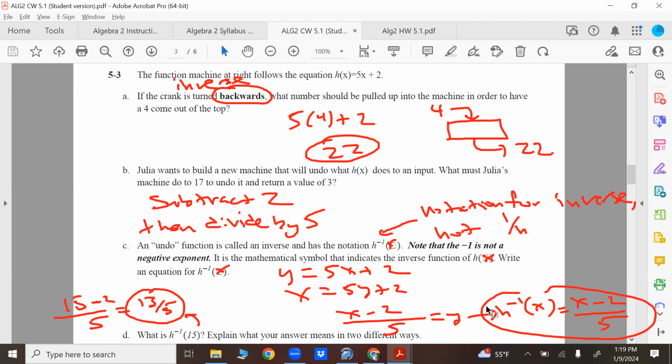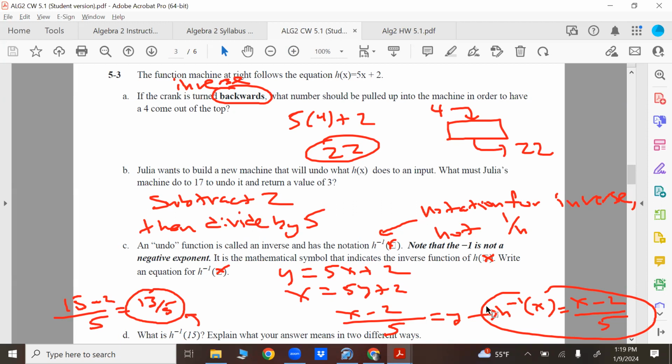Just the opposite. So I put 4 in the original and 22 comes out. That means if I put 22 in the reverse direction, the 4 comes out. Now it means I got to subtract 2 divided by 5. This is the opposite of this. This is multiply by 5, add 2. What's the opposite? Subtract 2, divided by 5. So that's why we have this equation here: x minus 2 over 5.